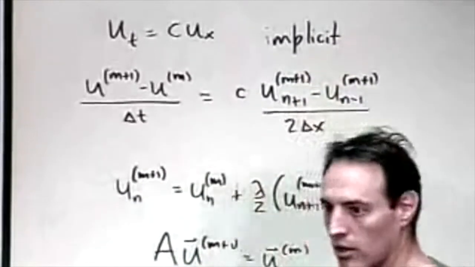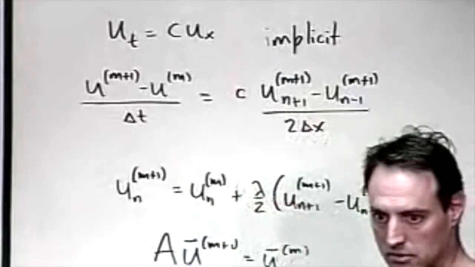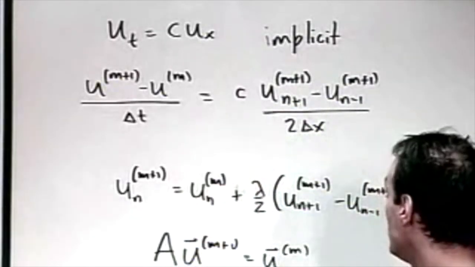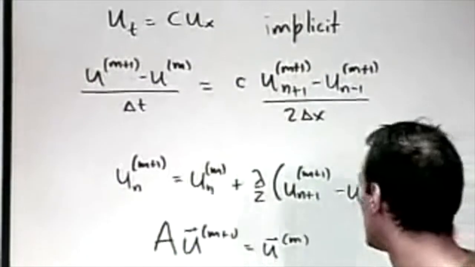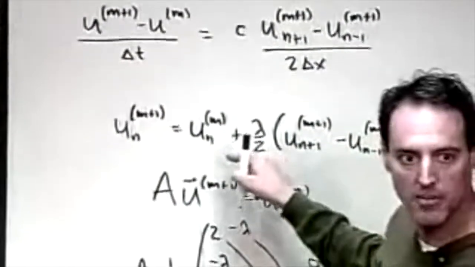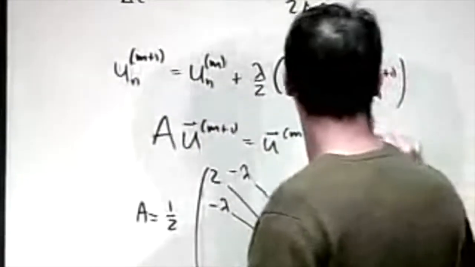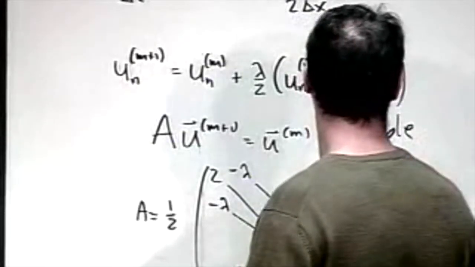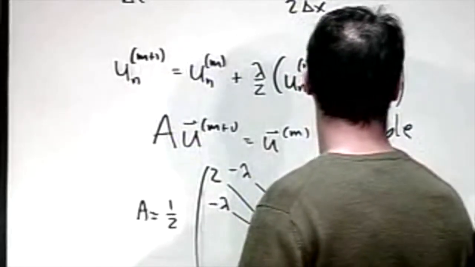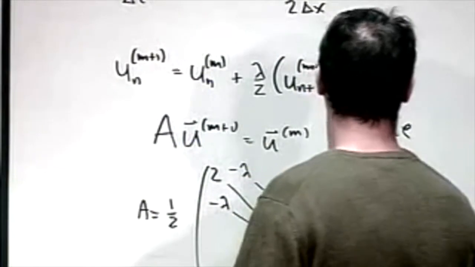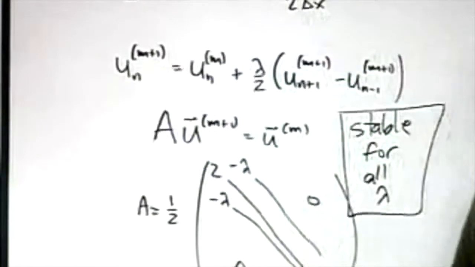Okay, and it's the backward Euler, because now we're using the forward points instead. And when is this scheme stable? This is why the scheme sticks around.